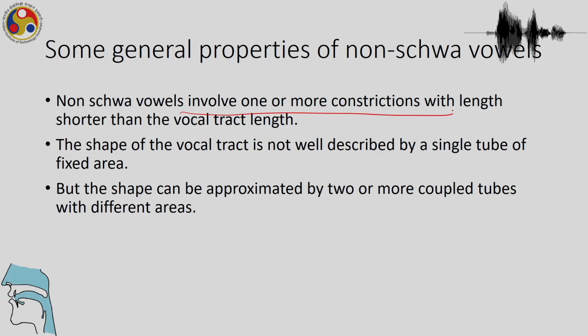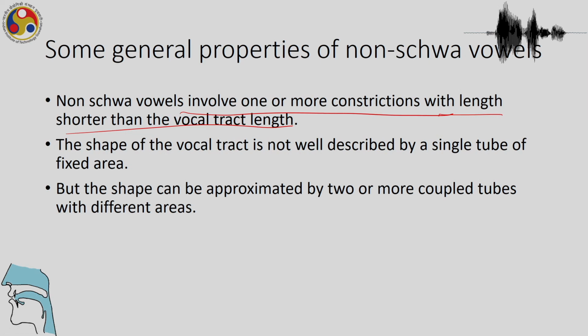Remember the cross-sectional area that we talked about: for the schwa it was uniform. It is the most neutral state of the vocal tract, but things could be more complex for other vowels. That's why they involve one or more constrictions with length shorter than the vocal tract length, and the shape of the vocal tract is not well described by a single tube of fixed area.